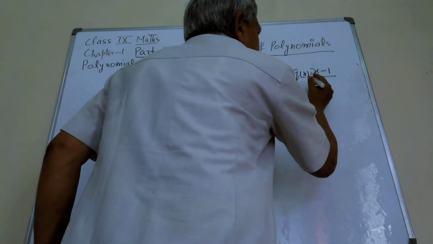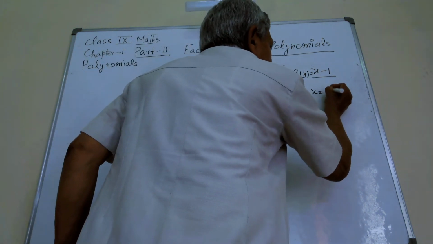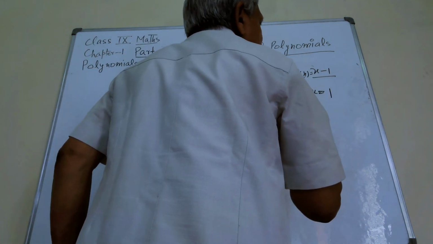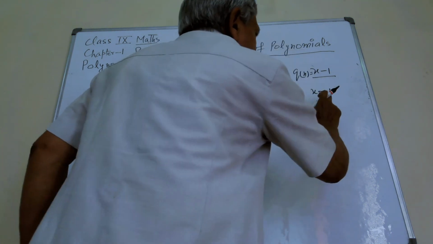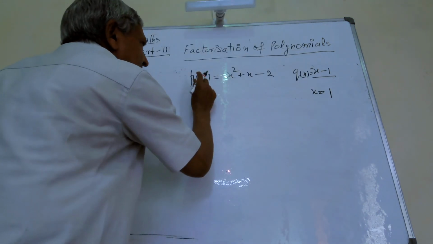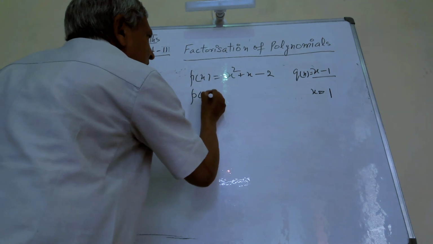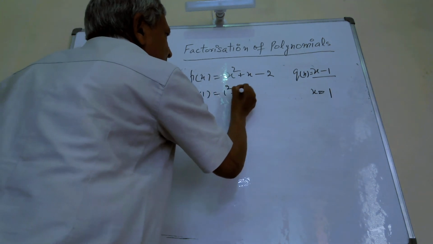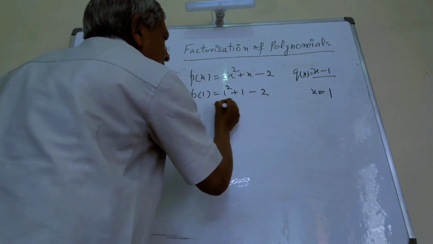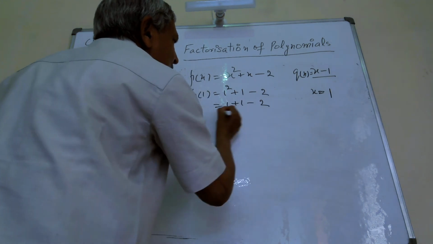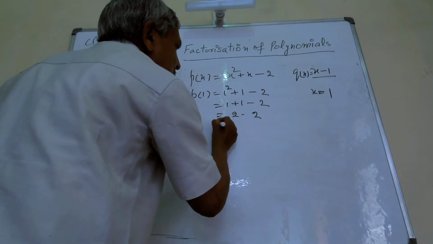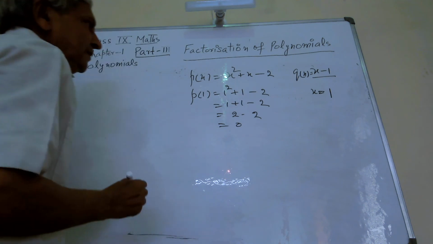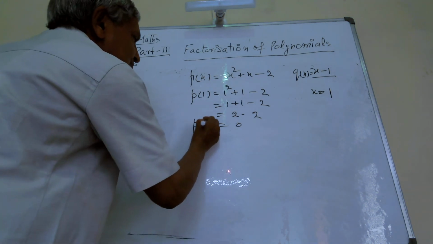Find out the value of x from q(x). x is equal to 1. By putting this value in p(x) in place of x, p(1) is equal to 1 plus 1 minus 2. 2 minus 2 is equal to 0. Hence, p(1) is equal to 0.